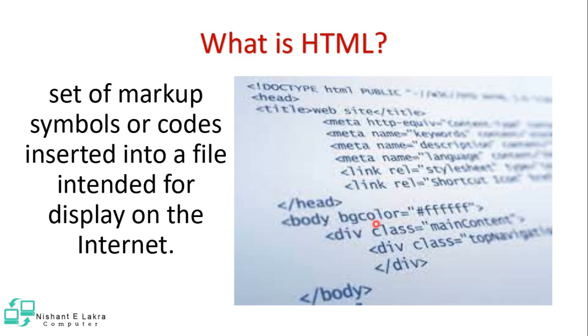BG color, what kind of color you want your text to be, or the background page should be. I think all of you have seen a web page. So we're starting to learn the basic thing about how to design a web page. That is what HTML is, and we can design a web page by a language known as hypertext markup language.